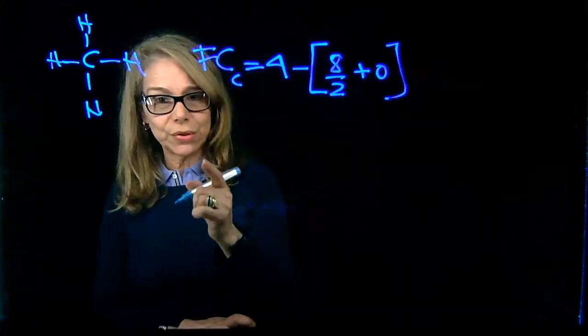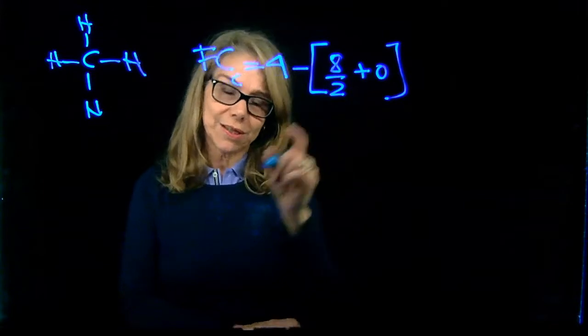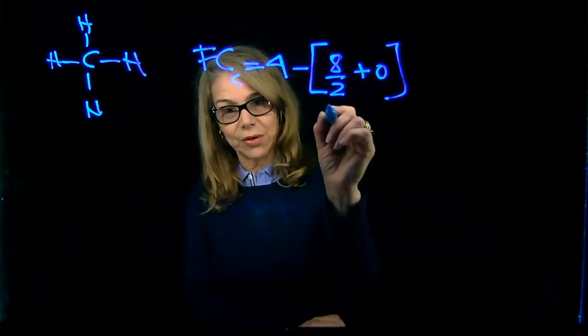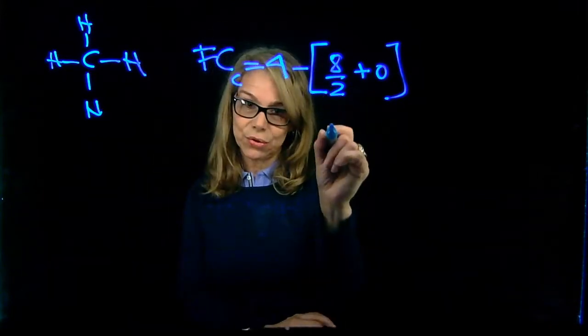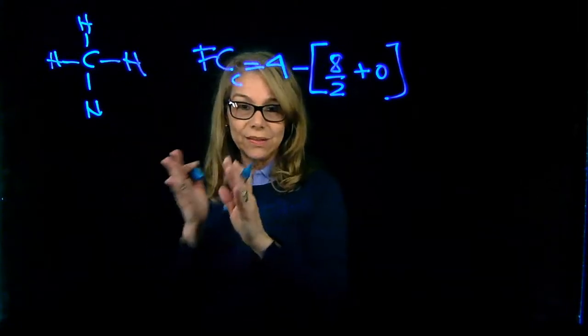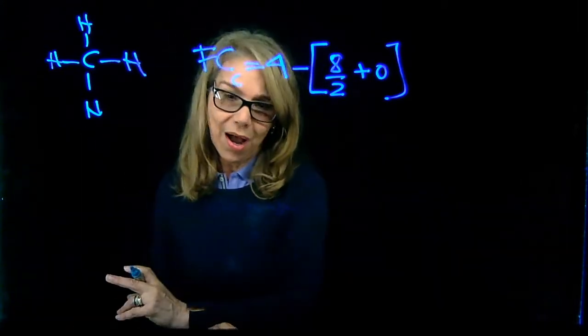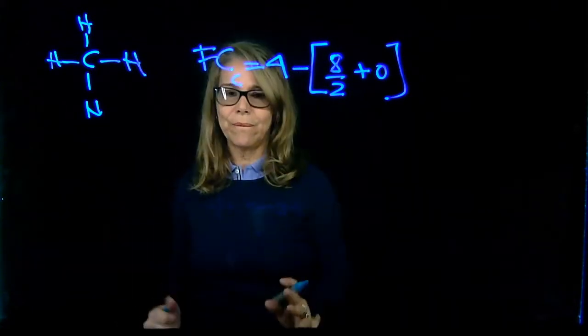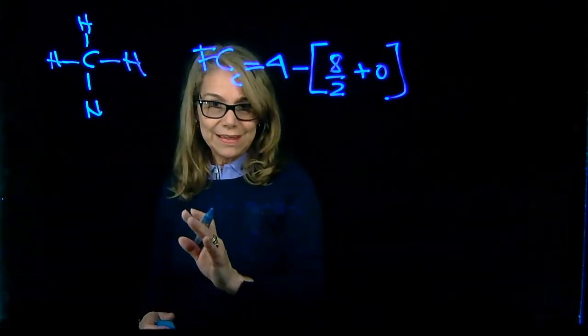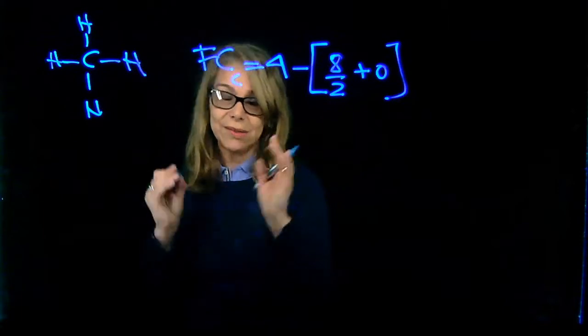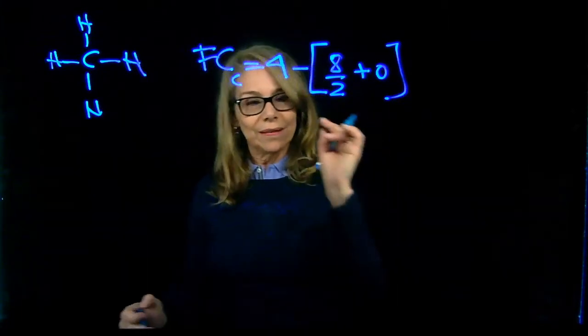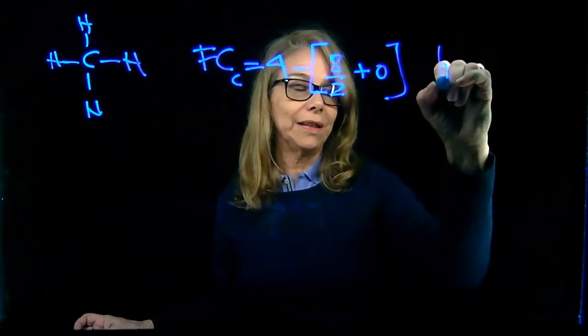But what I want you to notice is that when we do this, we count the number of electrons in a bond and divide it by 2. We're saying that the 2 electrons belong equally to the 2 atoms, split in 2, so they are not assigned to either one. This is what we call homolytic cleavage, for example.